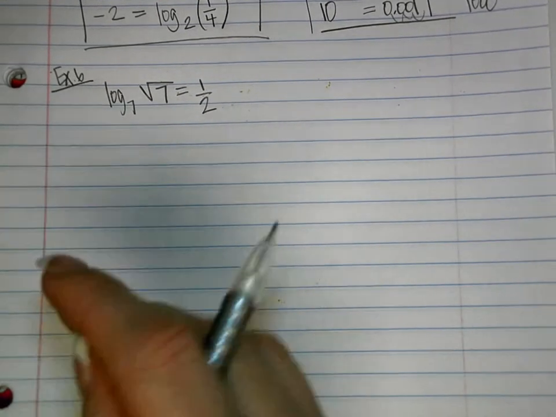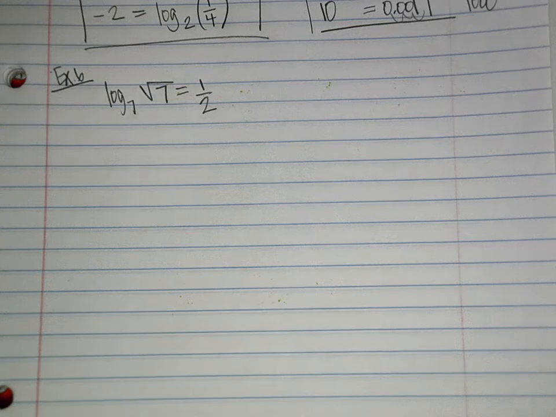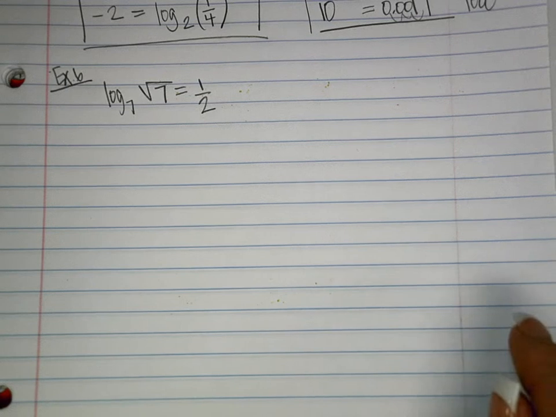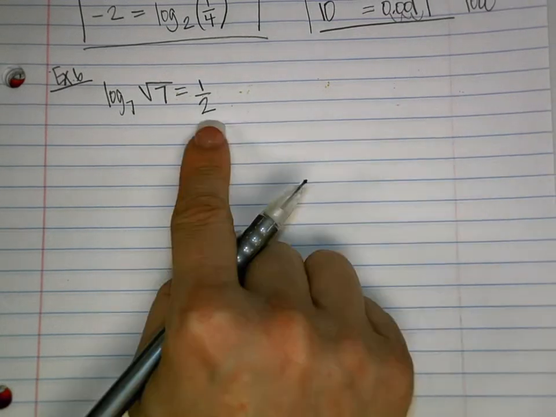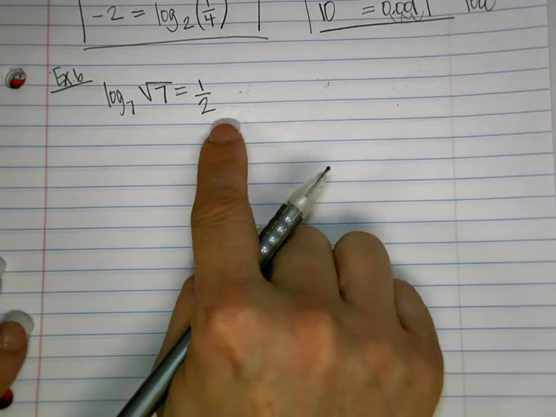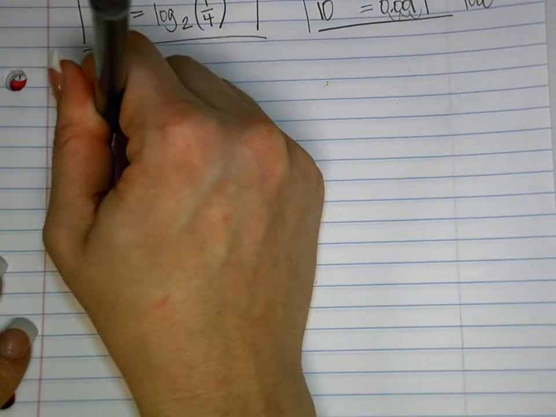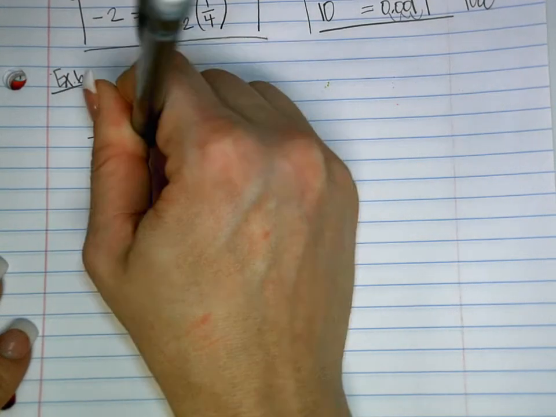How would I write it in exponential form? Go ahead, AJ, how would you say? 1/2 is the exponent on 7 that makes root 7. So yes, 7 to the 1/2 power equals root 7.